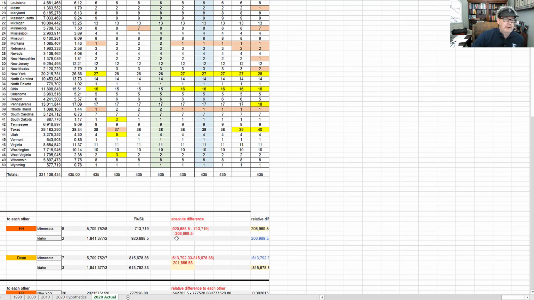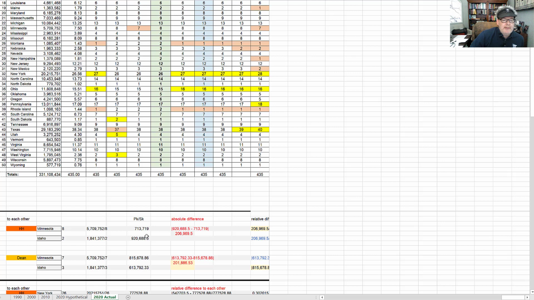So let's look at what we've got. Here's the Huntington Hill method. You get 8 and 2 for those two states. Here's their population, and then divided by the 8, you get your people per seat. And similarly with Idaho, people per seat.